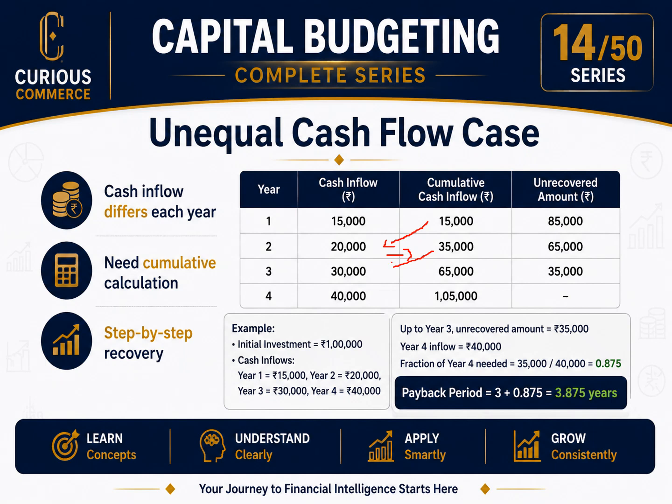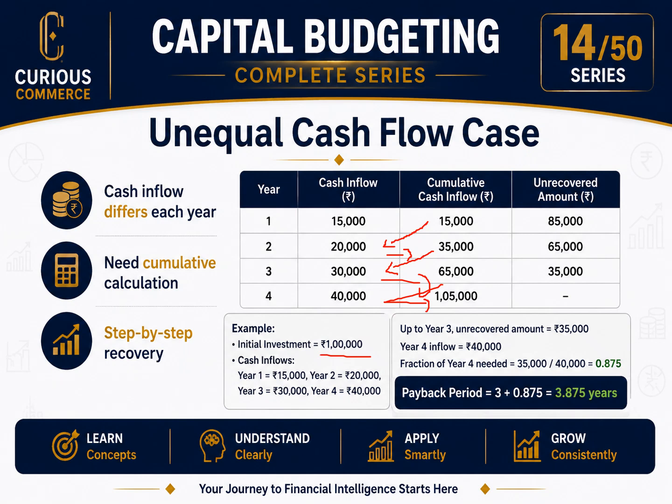Then 35,000 rupees plus 30,000 rupees is 65,000 rupees. Then 65,000 rupees plus 40,000 rupees is 1,05,000 rupees. So the unrecovered amount is compared with the initial investment of 1 lakh rupees.